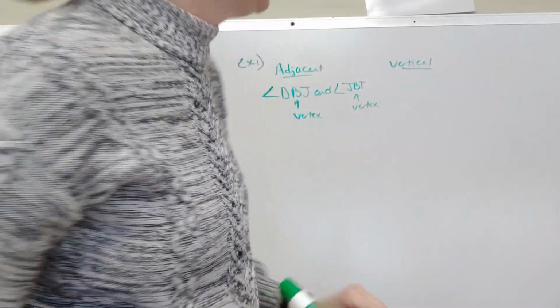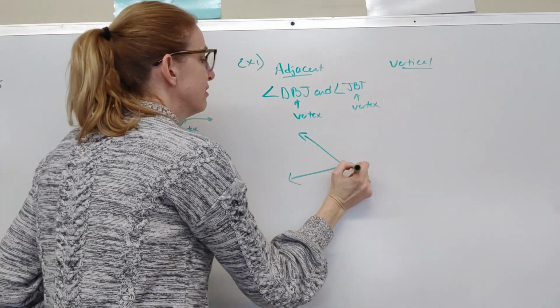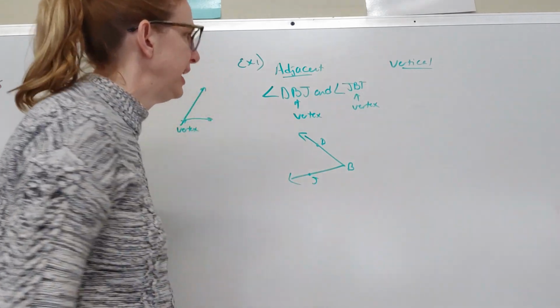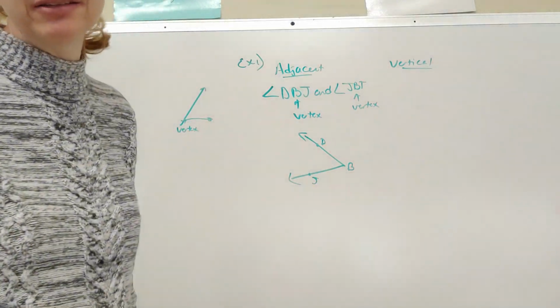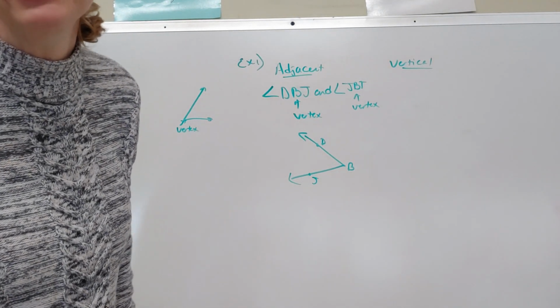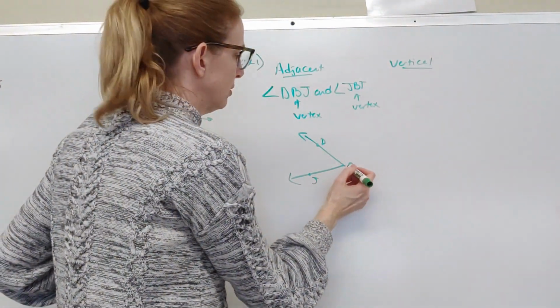So when you see that angle DBJ, it looks like this in the picture. B is the vertex. Here's the D, here's the J. So that's angle DBJ, and it is adjacent to angle JBT. So that goes this way.